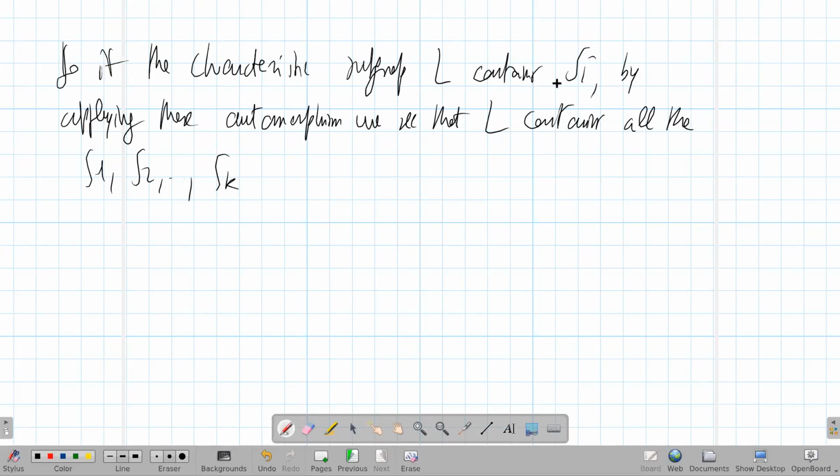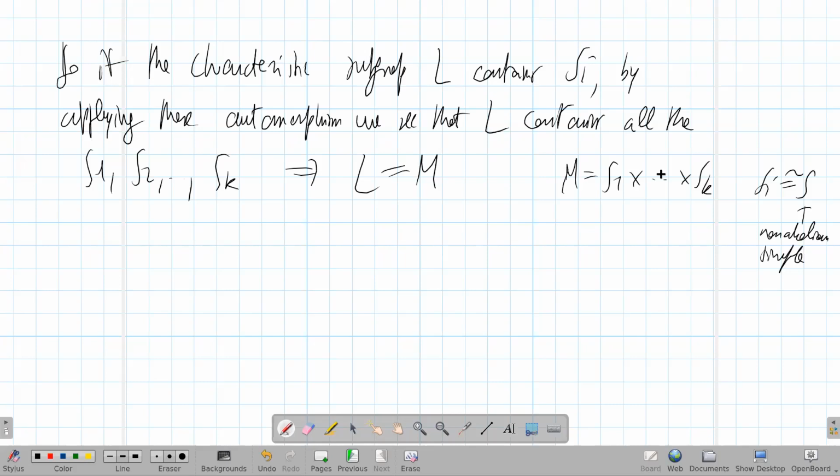So if you have Si, you have any of the others, and it follows that L is the whole of M. This proves that such a product of isomorphic simple groups, M equal S1 × ... × Sk with all Si isomorphic to S, non-abelian simple, is characteristically simple.